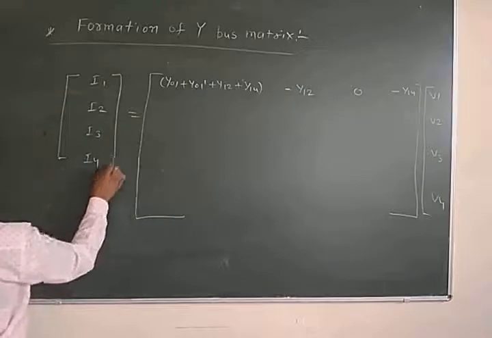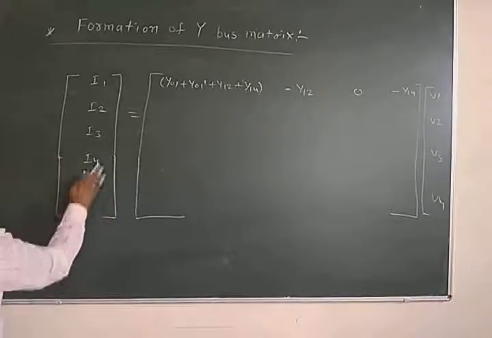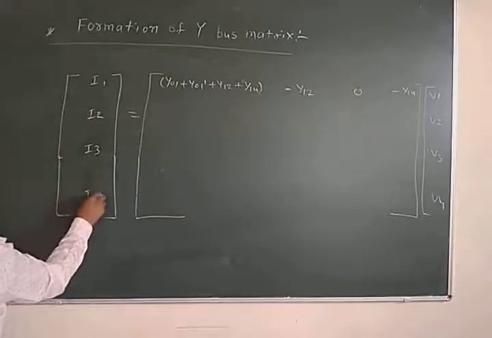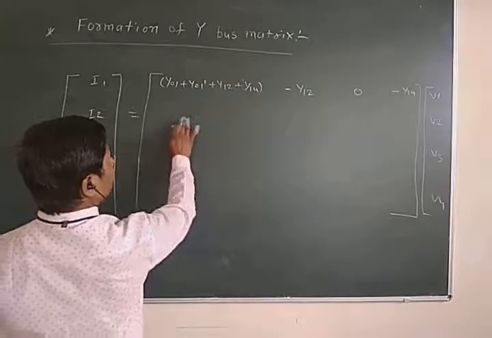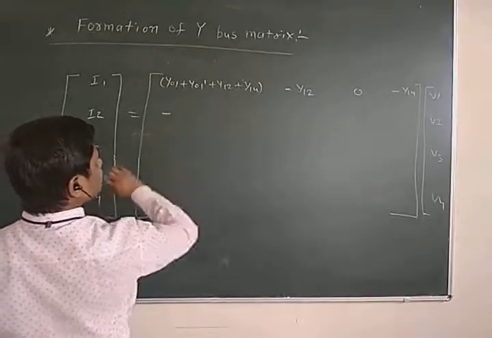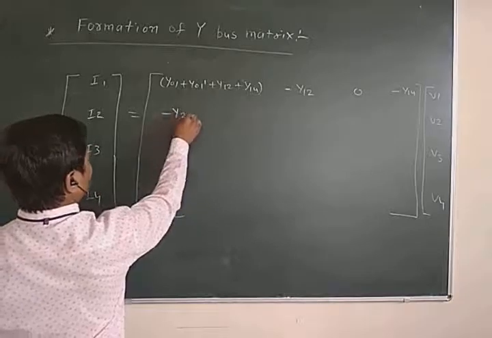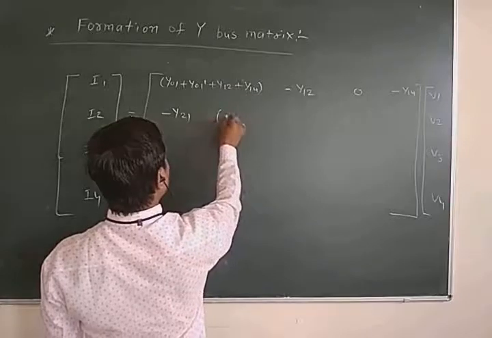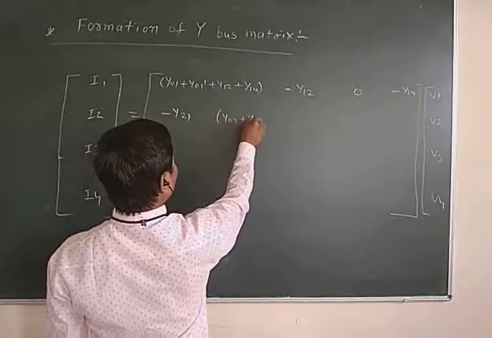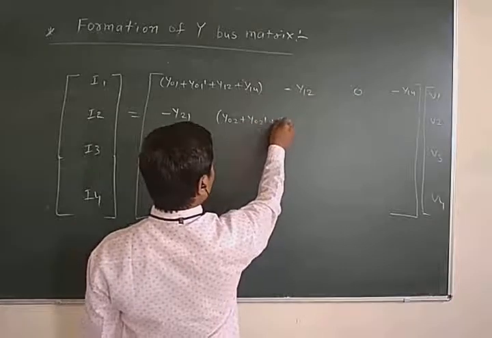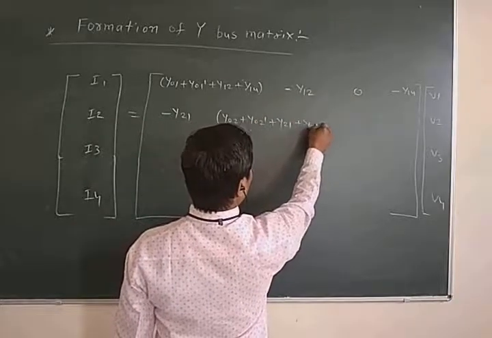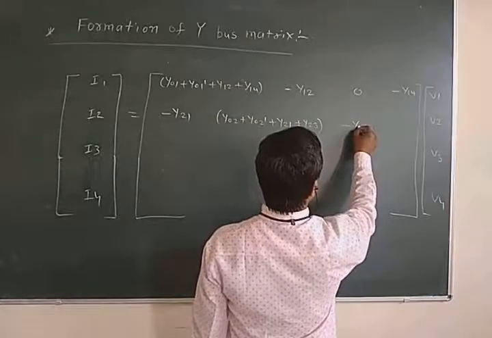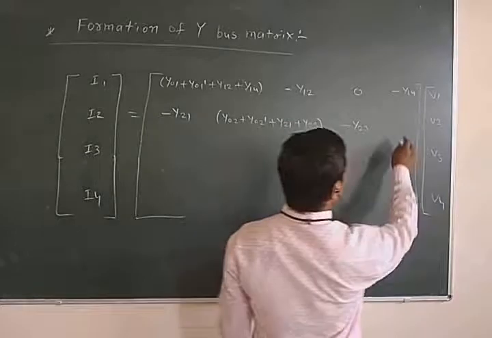In this way we draw the admittance matrix. Similarly, for I2, we write minus y21, and here y02 dash, y21, y23, here minus y23, and 0.